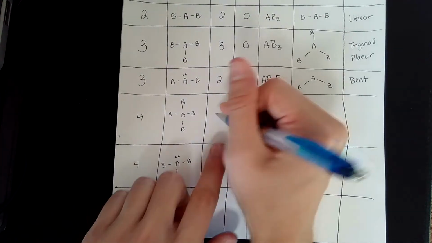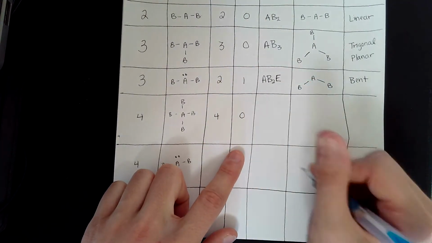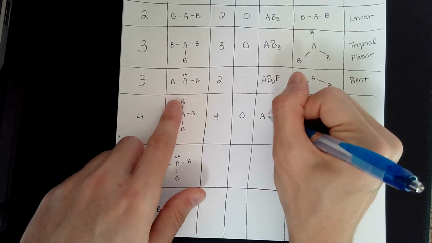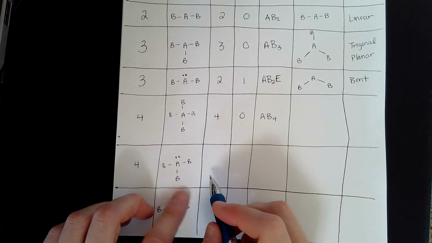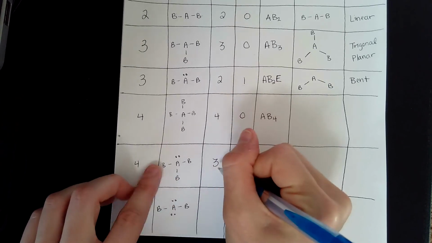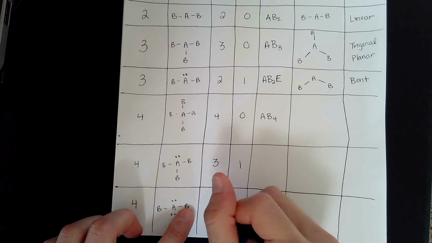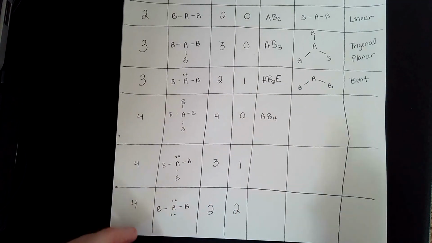Filling out here then, we would have 4 bonded atoms, 0 pairs of electrons. Our code would be A, and then 1, 2, 3, 4, AB4. And let's do these ones here. So we would have 3 bonded atoms, 1 pair of electrons, and here 2 bonded atoms and 2 pairs of electrons.